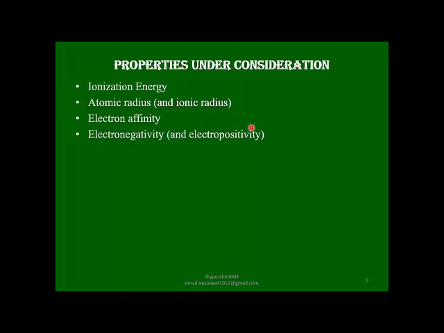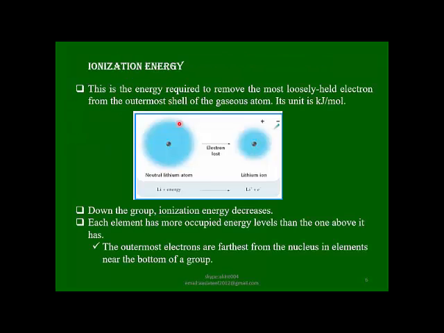And that lattice energy is very, very useful in the Born-Haber cycle. We are going to get there by the grace of God latest. So let's start taking these properties one after the other. Let's start from the simplest.